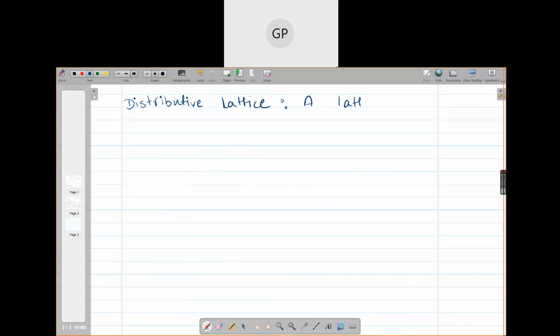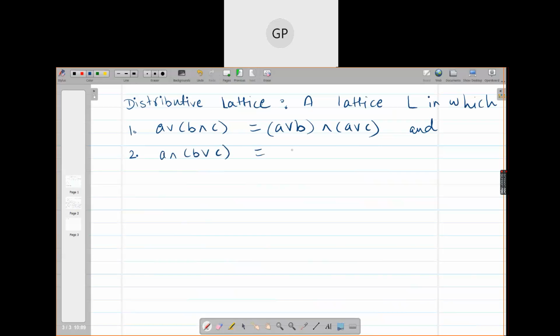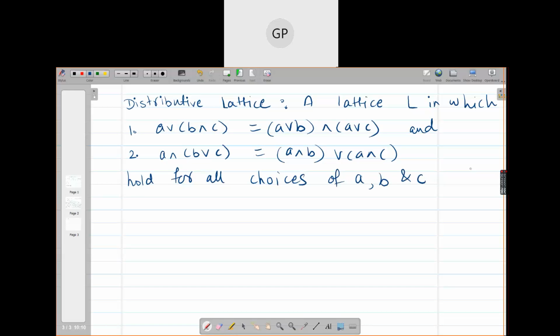A lattice L in which A join B meet C is equal to A join B meet A join C, and A meet B join C is equal to A meet B join A meet C, hold for all choices of A, B, and C belonging to L, is called a distributive lattice.